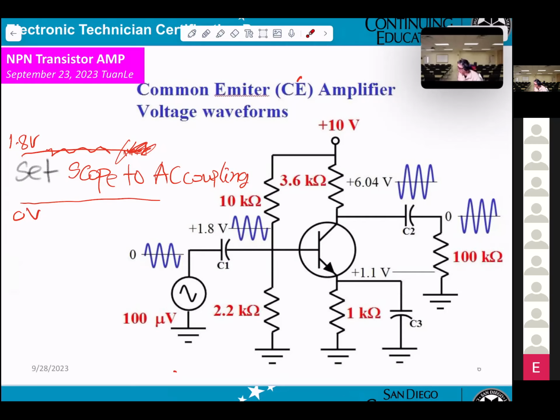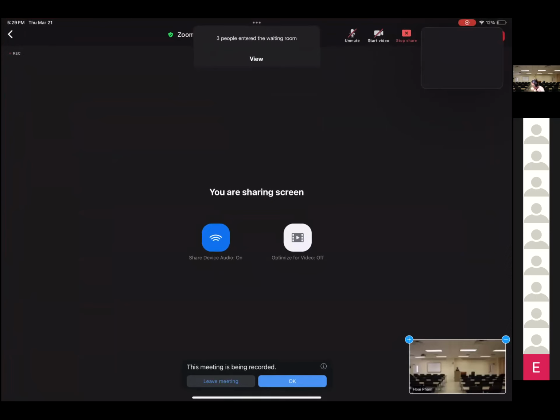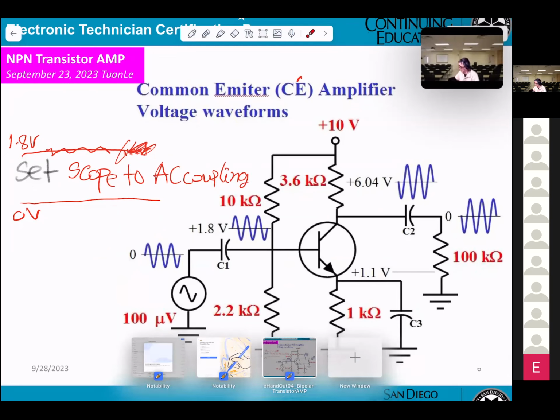If you measure DC, that will tell you. That's the way you can measure the AC signal.